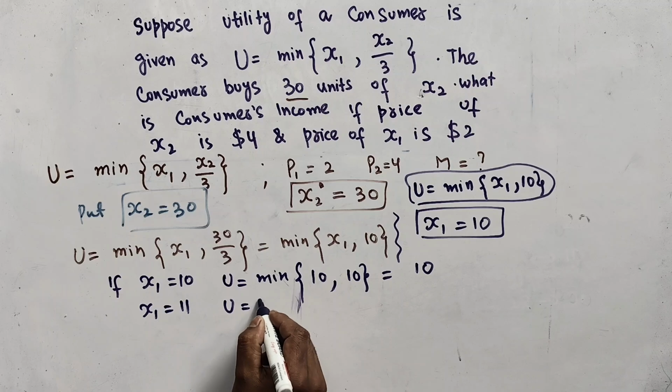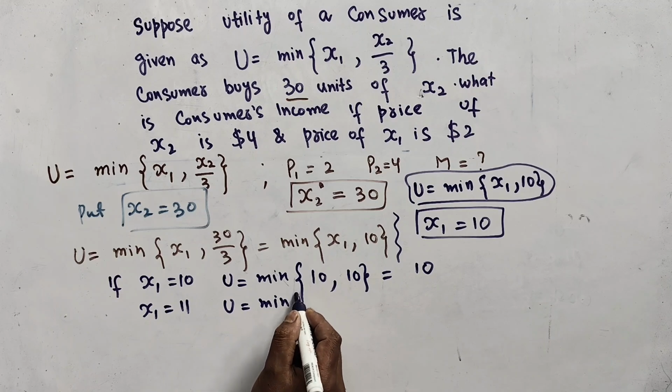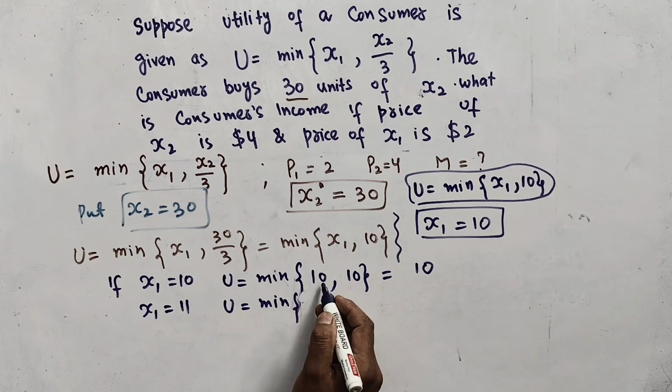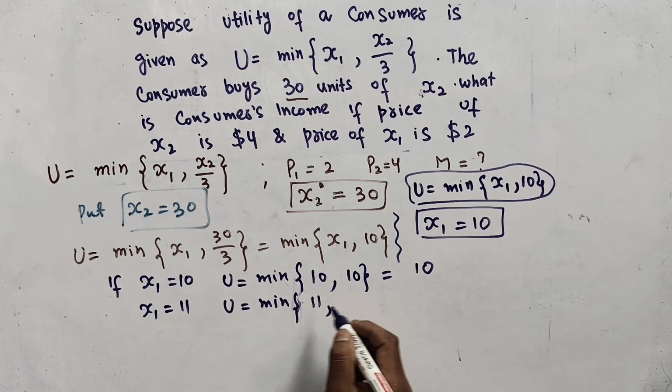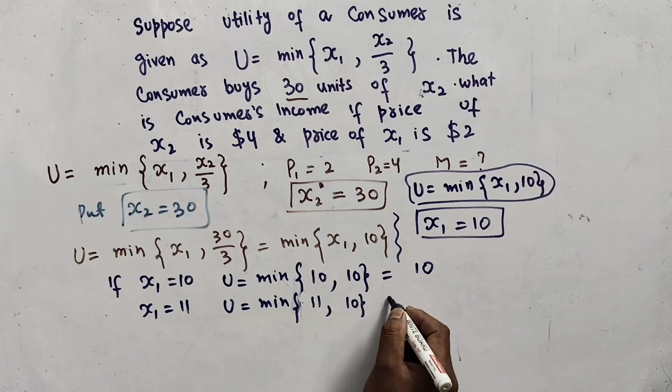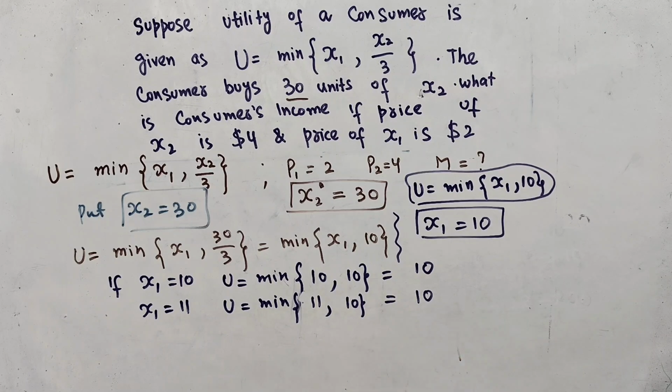In this case utility will be equal to minimum of 11 and 30 upon 3, which is 10. Here we also get the same utility.